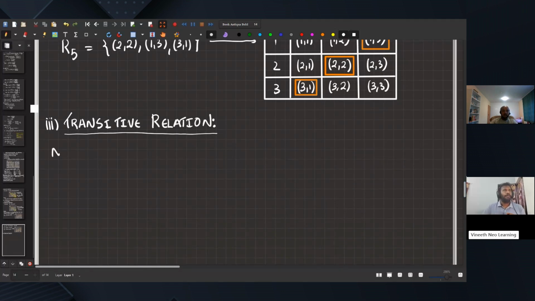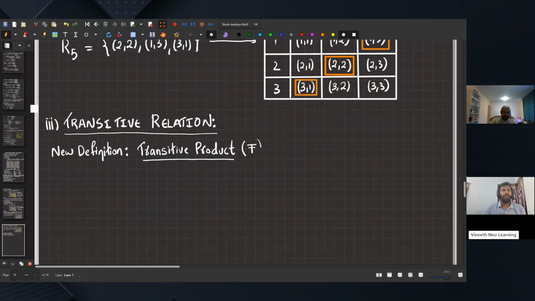New definition: transitive product. I use a symbol like this.